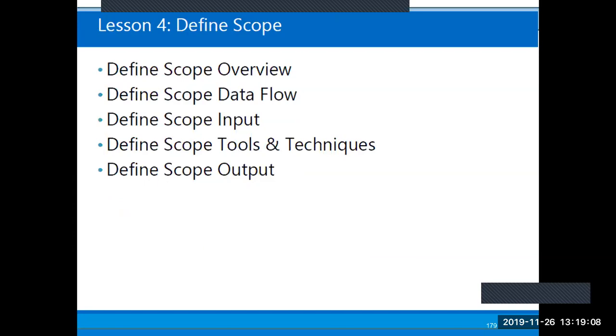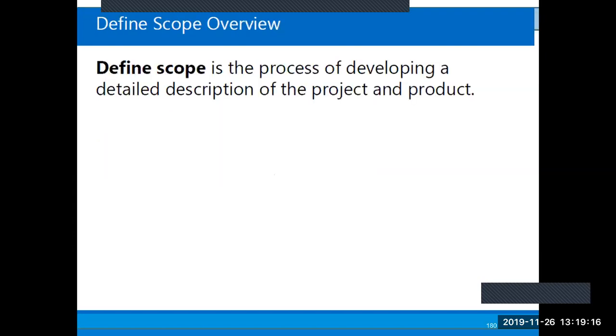Define scope. First thing first is to define the scope. What is the definition of define scope as a process? It is the process of developing a detailed description of the project and product. So scope is about product and project.